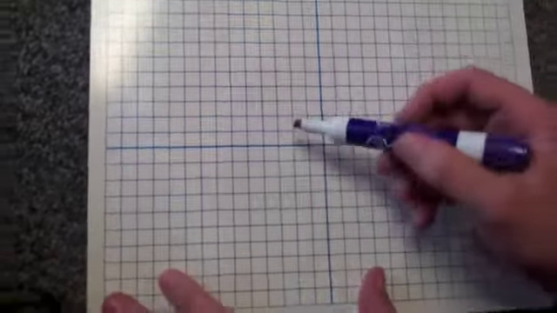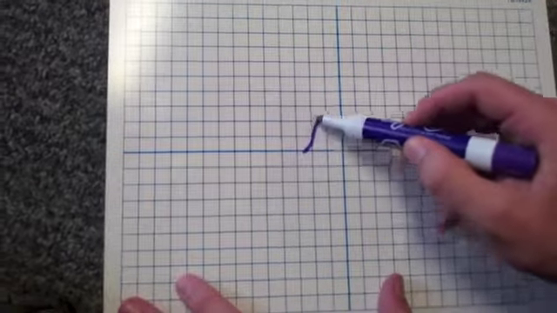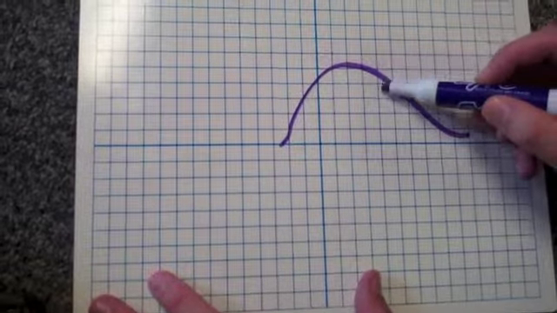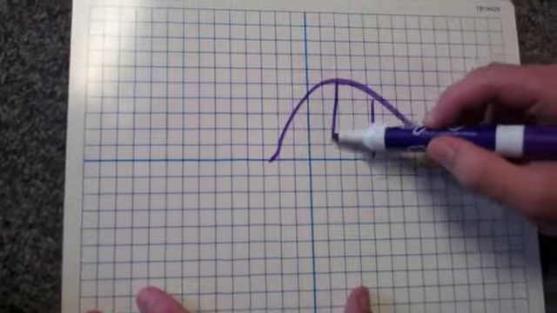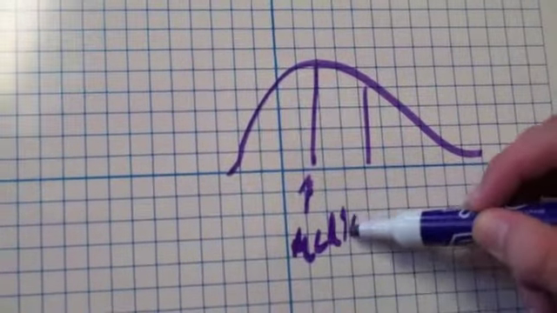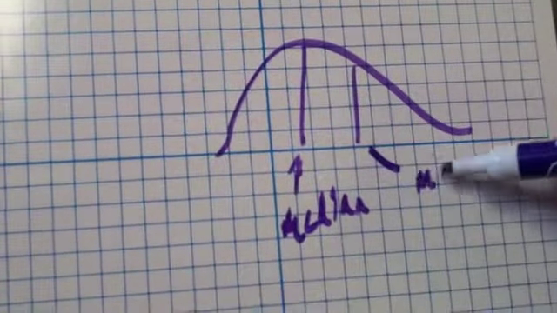In some cases, the distribution would be skewed to the right, in which the mean is greater than the median. So if this is the median, this should be the mean.